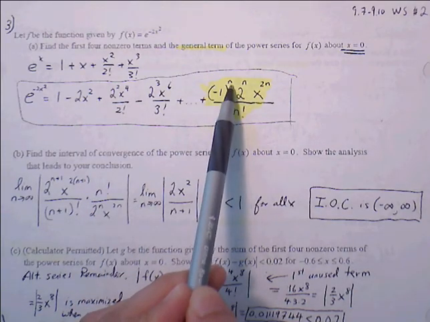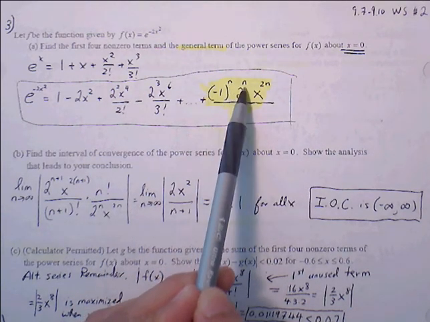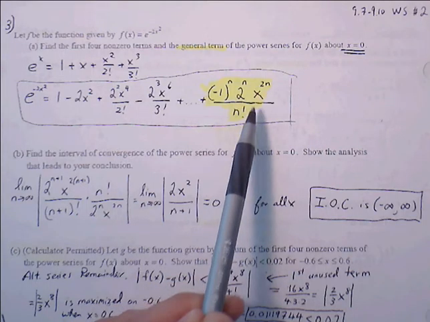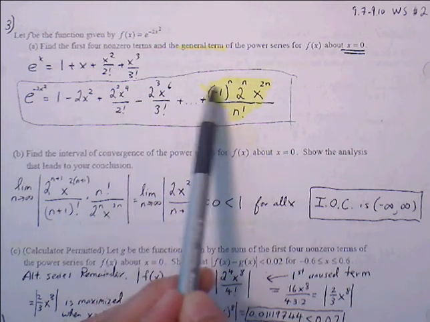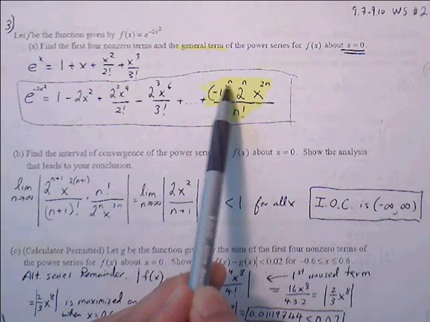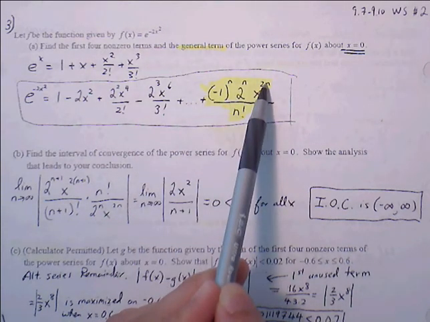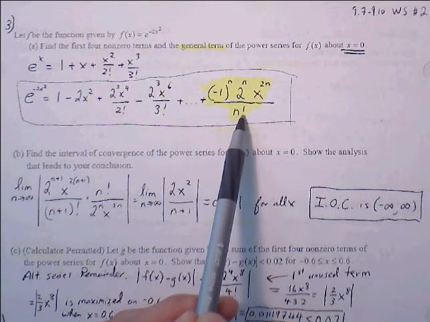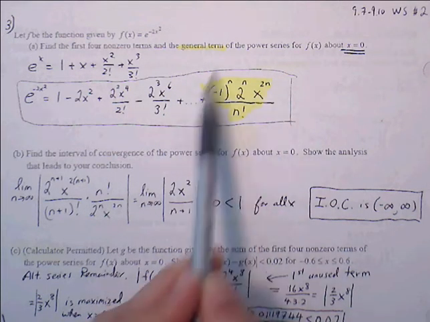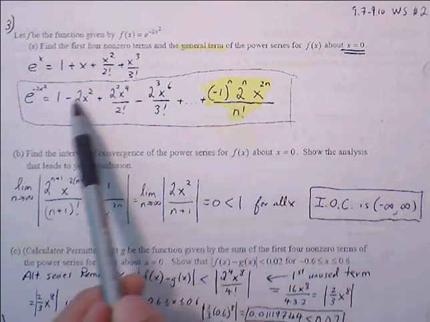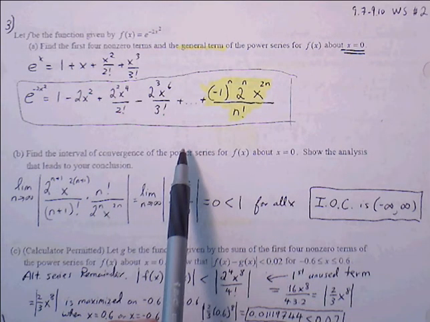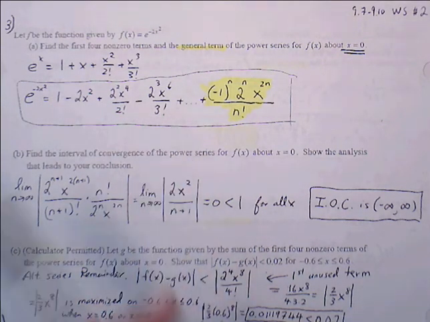Third term would be n equals 2, so 2 squared, x to the 4th over 2 factorial, that matches. And then if I have 3, this term will be negative 2 cubed, matches, x to the 6th, because 2 times 3 is 6, 3 factorial, that matches as well. So we've confirmed that the general term that we created matches the first four terms of our series.